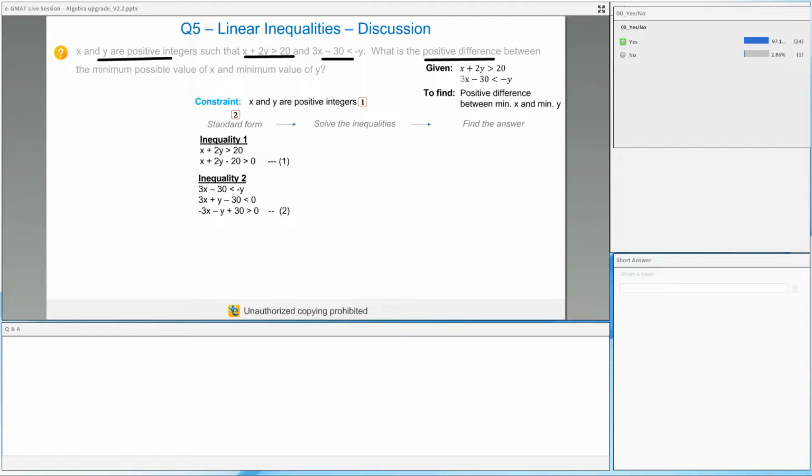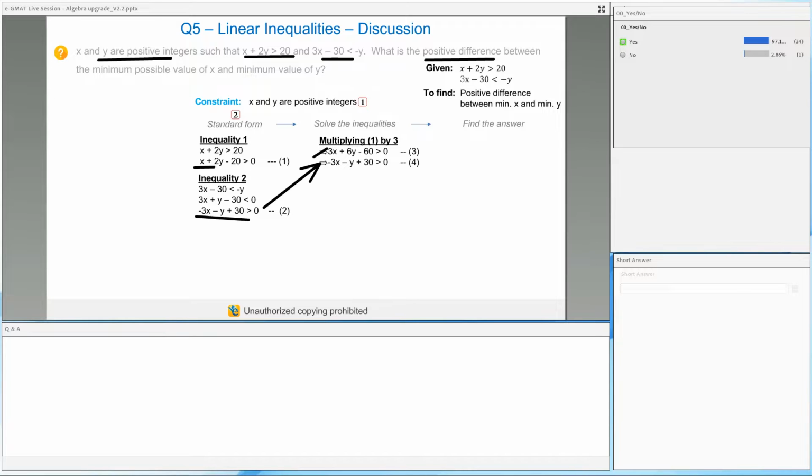Now, since I already have a minus 3x, I can multiply the first inequality by 3 to get 3x plus 6y minus 60 is greater than 0. This is something which I got from the first equation. I already have this other inequality with me, which I'm writing here.